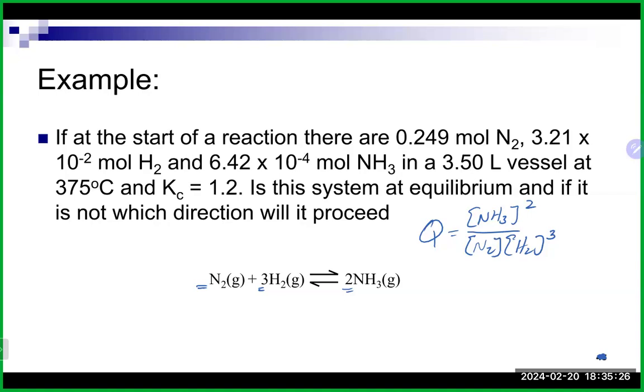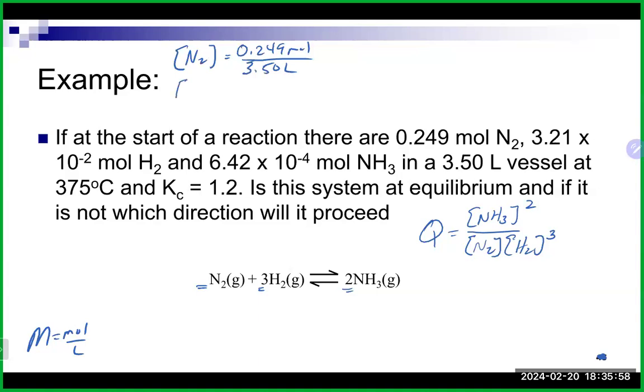We are able to calculate Q in this case because, although we are not given the concentrations of everybody, we can get to the concentrations of everybody. So we have the moles and we have the liters, which is molarity, right? Moles per liter. So that might be the first thing that we want to calculate, the molarity of everybody. So the concentration of N2 would be our moles of N2, which is 0.249 moles, divided by our liters, which is 3.5 liters.